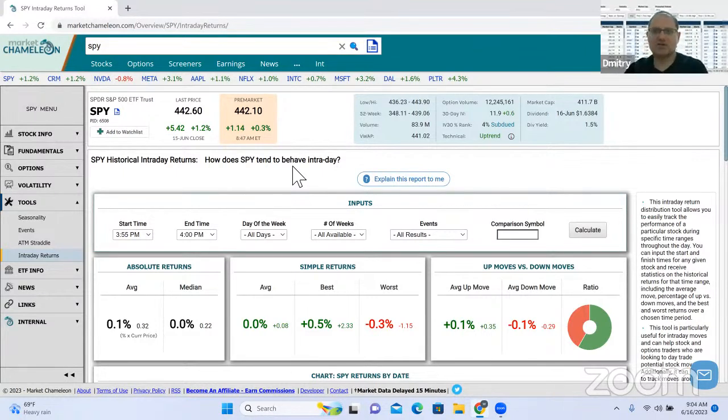You may be looking at the straddle, the 0 DTE options, priced at $1.50, buying the call and the put, which may imply a certain percentage move. You may want to know how SPY tends to move that last hour or any other hour between the days.